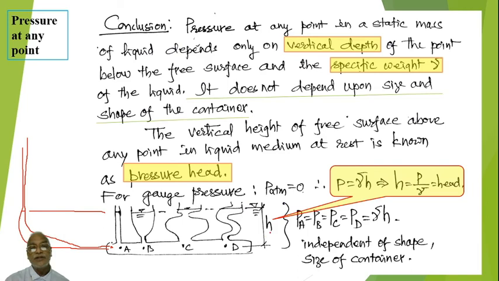Again it is h. Whether you put a pipe like that or put a pipe in an inclined manner, whatever it may be, the liquid will be rising there, and the vertical height difference will be h only. Because of that, PA is equal to PB is equal to PC is equal to PD is equal to gamma into h. So it is independent of the shape and size of the container. That is what you can conclude.